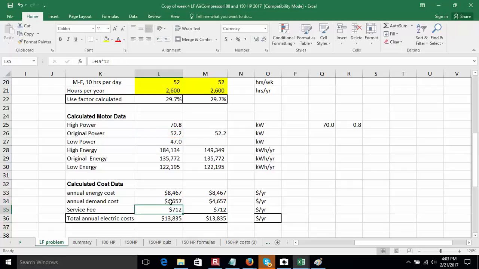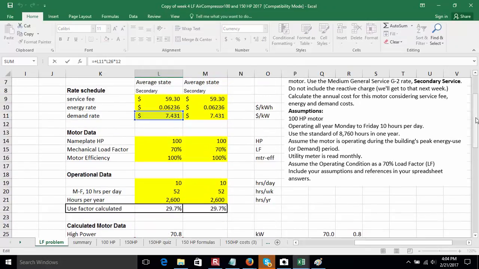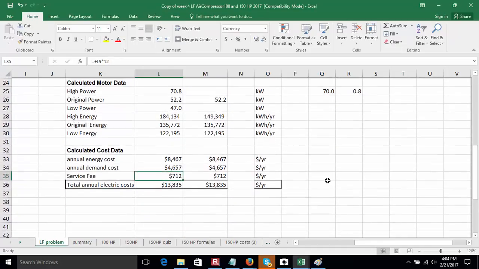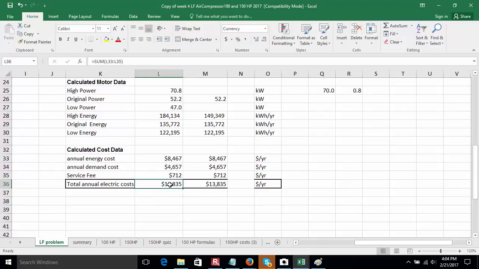You're still going to get a number on the order of $4,000, because this is the power at which the thing is running. So if you're running at 52 kilowatts, which is 70% of 100 horsepower, we're going to take that and multiply it by the monthly demand rate times 12 to get the answer. So we're looking for an answer in the order of this right here.